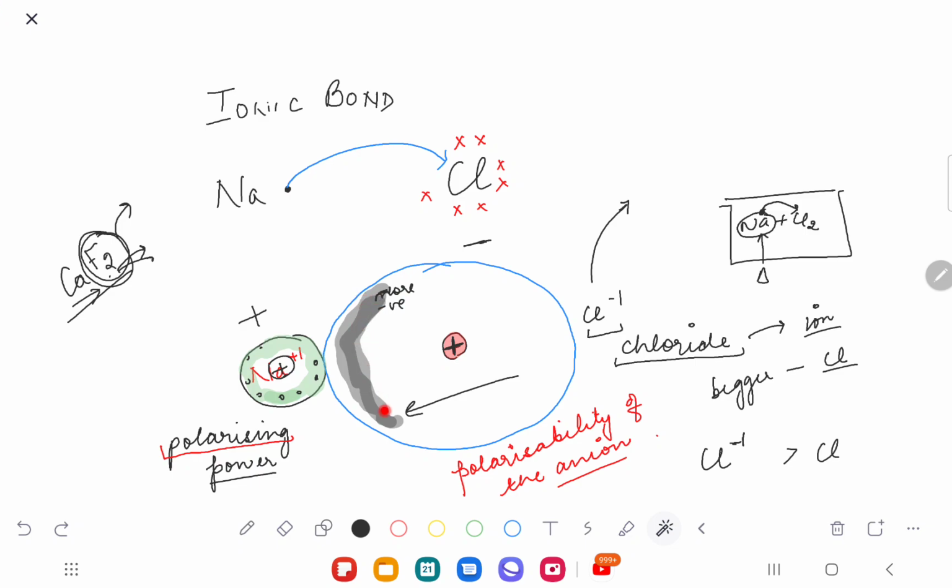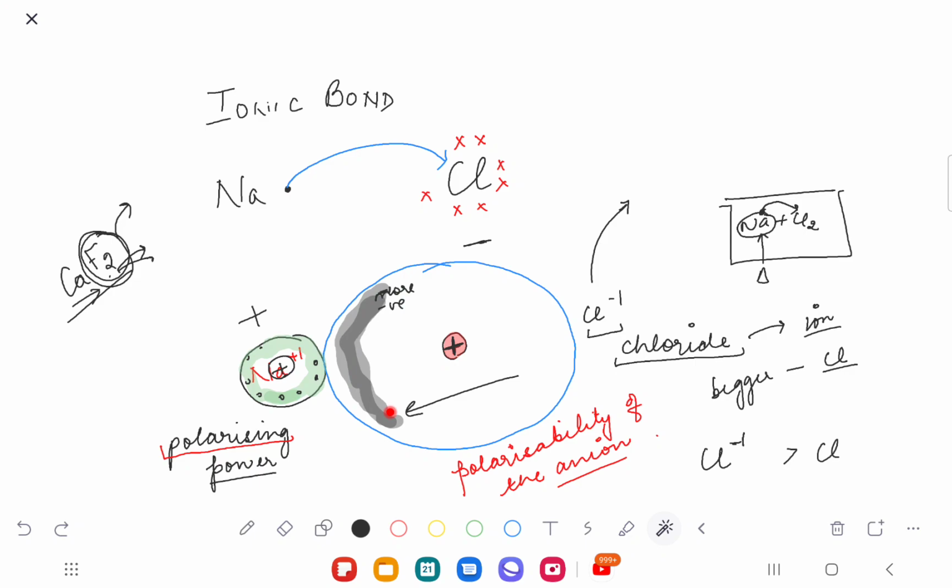The electrons would exactly come in the center of the two nuclei, and this ionic compound would not be a sort of 100% ionic compound because the electrons are residing right in the center. So it is acquiring some sort of covalent character, isn't it? So now do you understand that all ionic compounds are not 100% ionic?